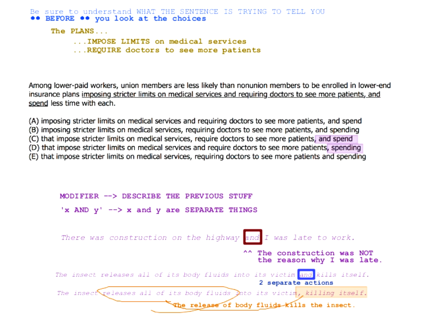So there shouldn't be an "and" there, because it's not two separate things. You're describing this: to see more patients, therefore spending less time with each one. So this is the meaning that you want.